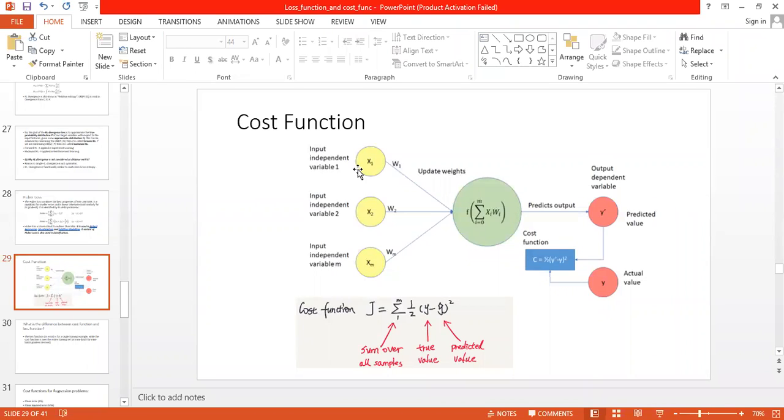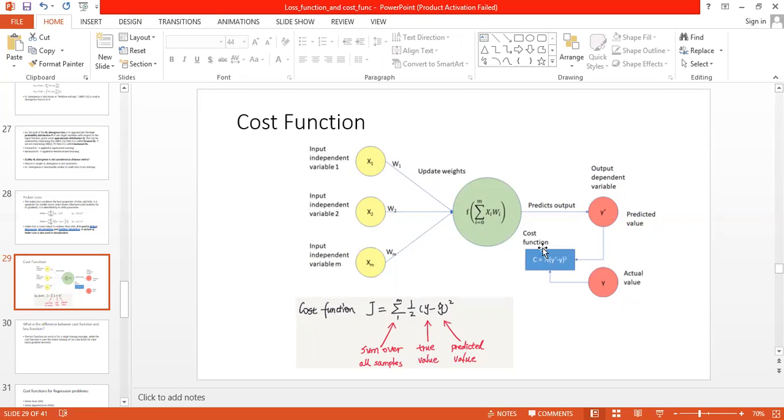Here you can see that the inputs are coming from the input nodes and weights. We are calculating with the inputs and the weights, and we are adding the bias also. By using activation functions we calculate a predicted value, and then we check this predicted value against our actual value.